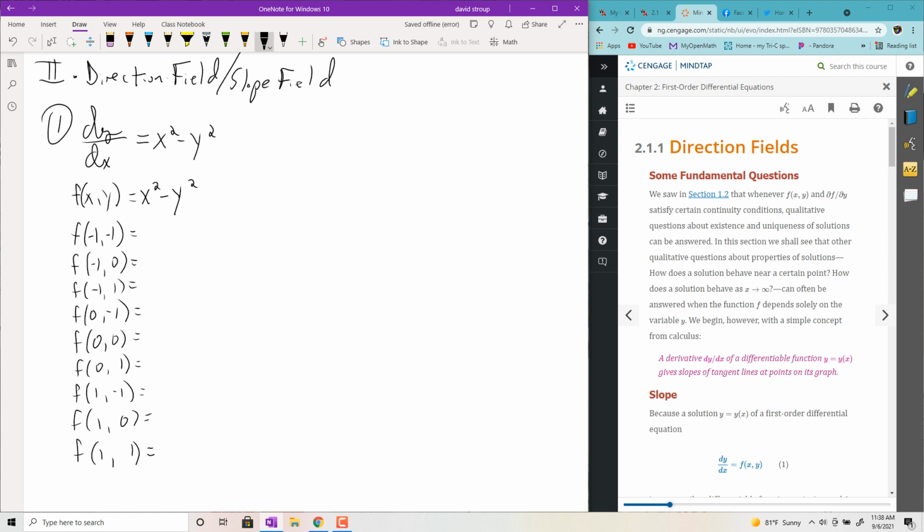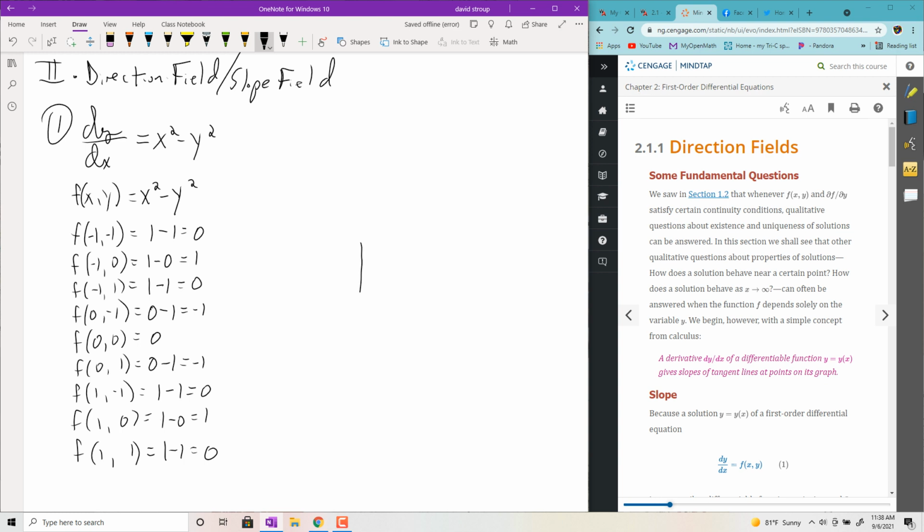So -1 squared is 1, minus -1 squared is 1, so that'll be 0. -1 squared is 1, minus 0 is 1. -1 squared is 1, minus 1 squared is 1, so it's 0. 0 squared is 0, minus -1 squared is 1, so it'll be -1. Then 0 minus 0 is just 0. 0 minus 1, 1 minus 1, 1 minus 0, and then 1 minus 1 is 0.